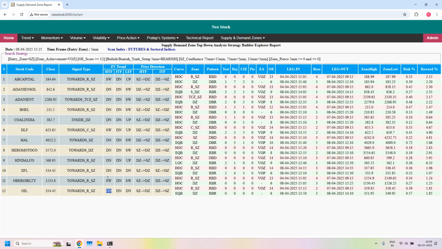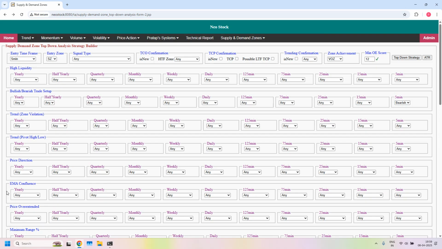And the 75 minutes trend is down in the majority of the stocks. If any of those 75 minute supply zones have daily EMA confluence, then these 5 minute supply zones might have a higher probability of success. Let us filter them. EMA confluence at 75 minutes time frame, checking if the 75 minute supply zone has daily EMA confluence.